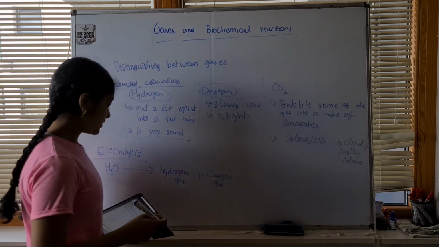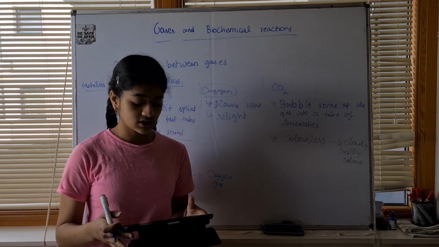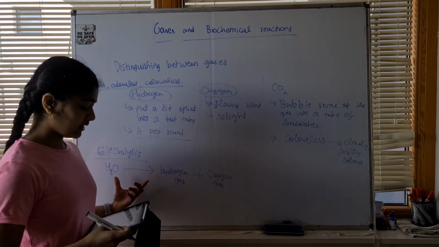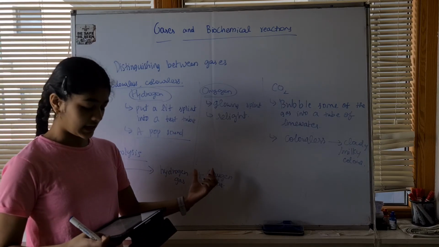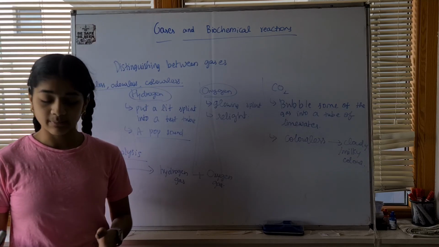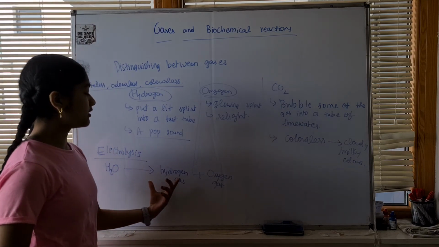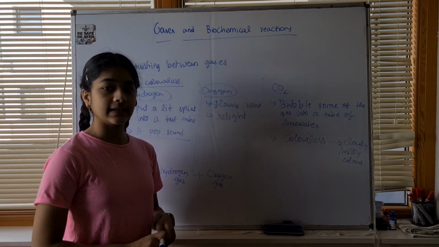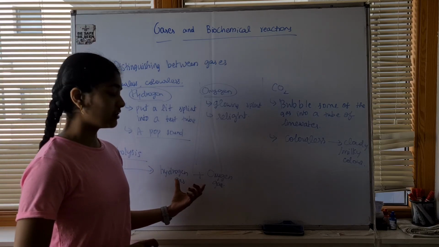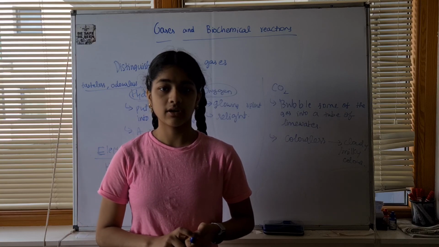Basically what is done in electrolysis is electricity is passed through water, H2O, and this splits the water into hydrogen gas and oxygen gas. So this is just a basic definition of electrolysis. In this video we've looked at gases and biochemical reactions.